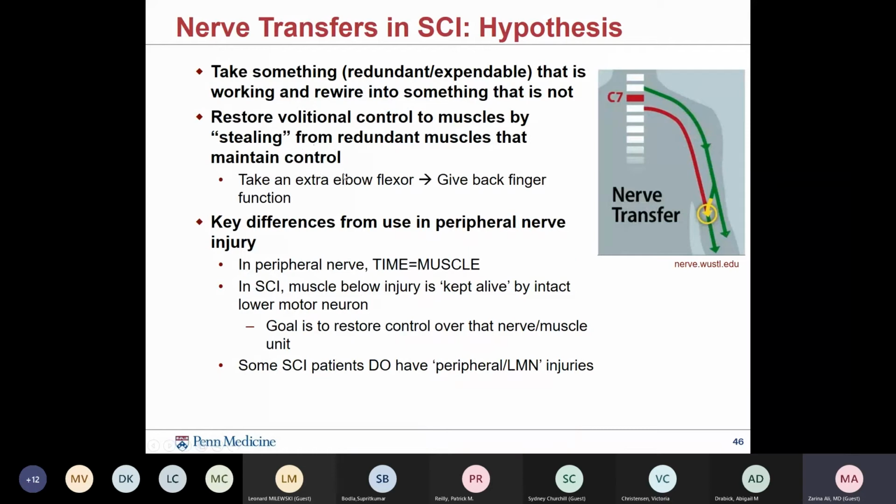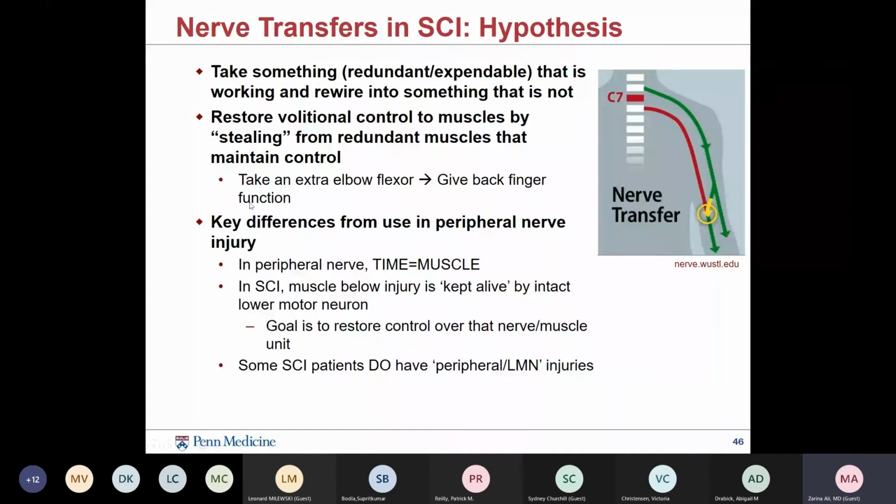So, for example, we can take an elbow flexor, and I'll talk about this nerve transfer, and then give back finger flexion. And this obviously relies on cortical plasticity, which is the workhorse behind these nerve transfers working, is that we're relearning. Our brains are literally relearning how to utilize one function for another.